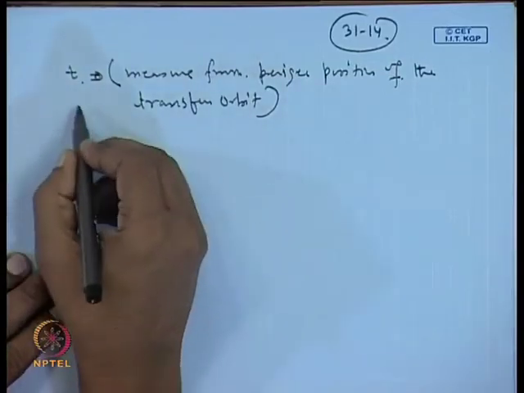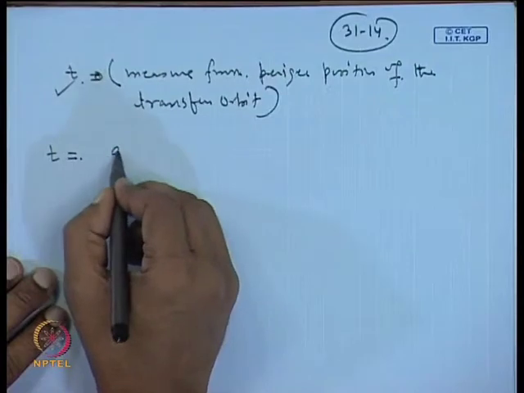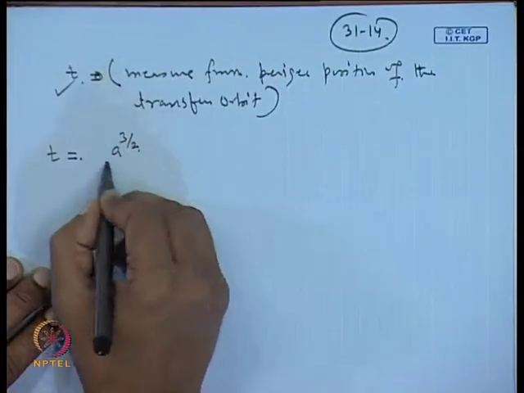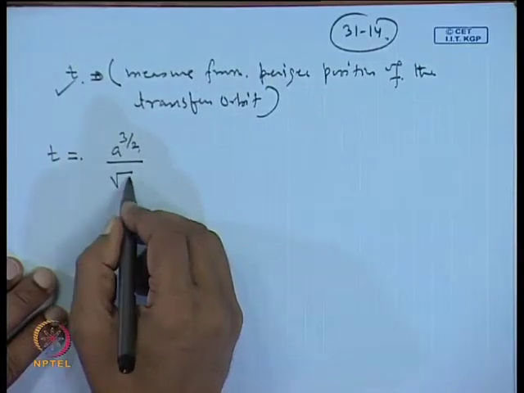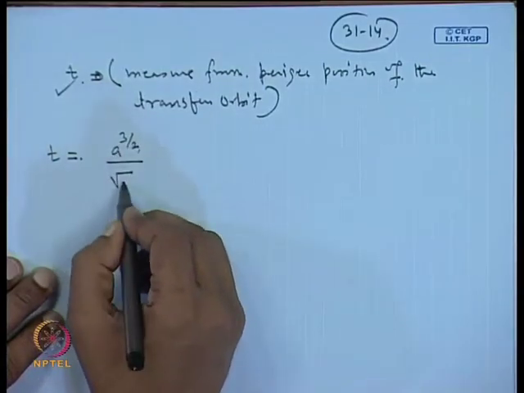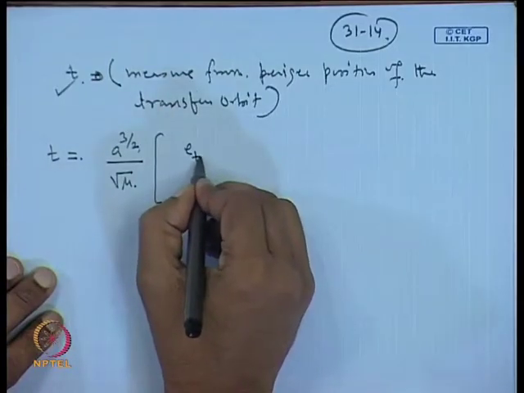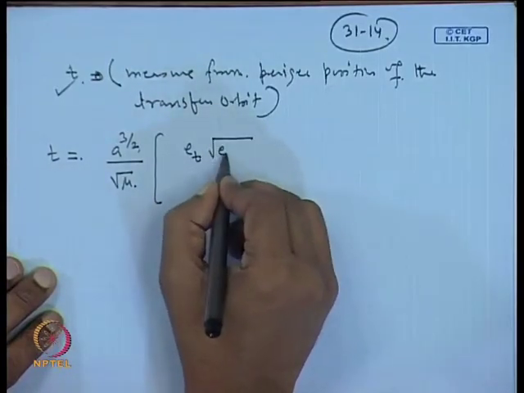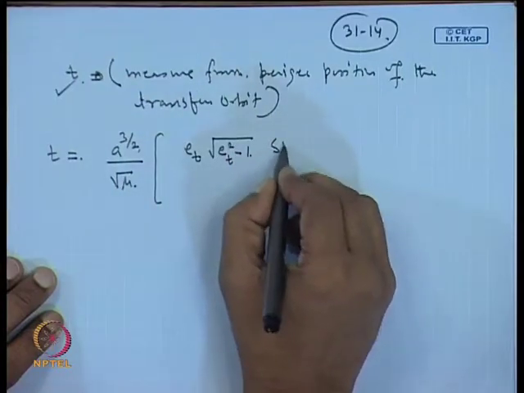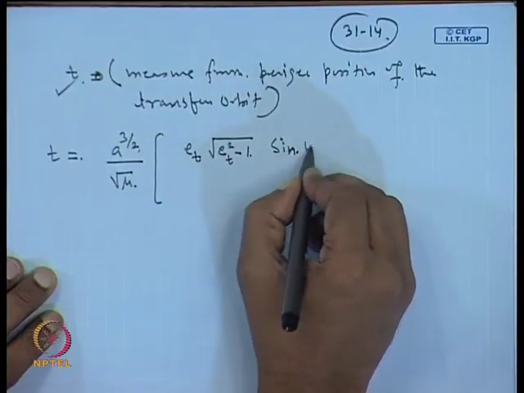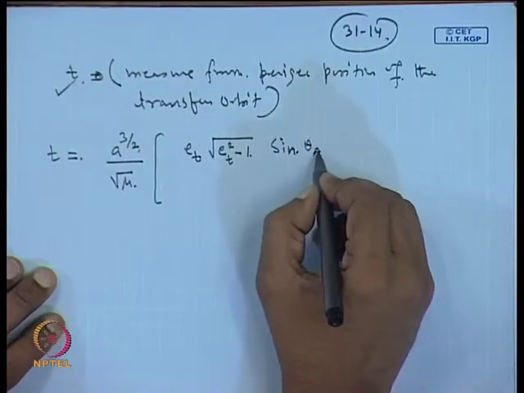So, this T can be written as a to the power 3 by 2 divided by root mu, times E_t times root of E_t square minus 1 times sin theta, divided by 1 plus E_t cos theta.